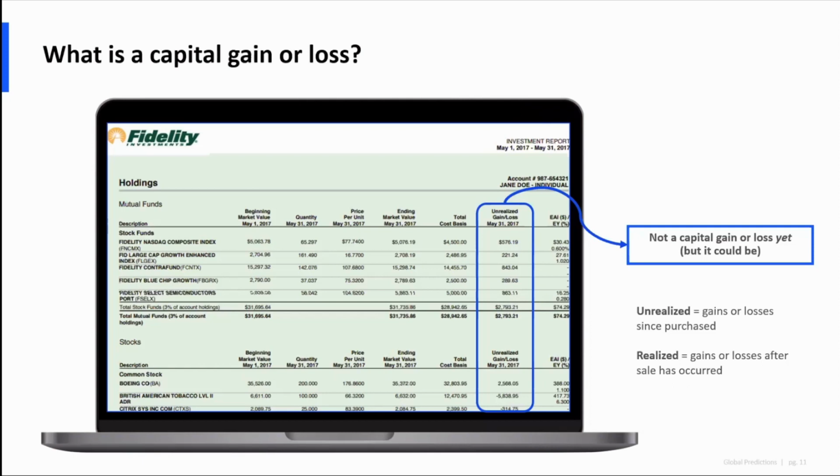Now, on some of the securities you might have paid tax, which is a separate matter, on things like dividends that they've kicked off, or if they're fixed income securities, maybe interest payments. But the fact that you have investments currently in your account that have appreciated or depreciated in value does not mean that you are currently paying capital gains at all.